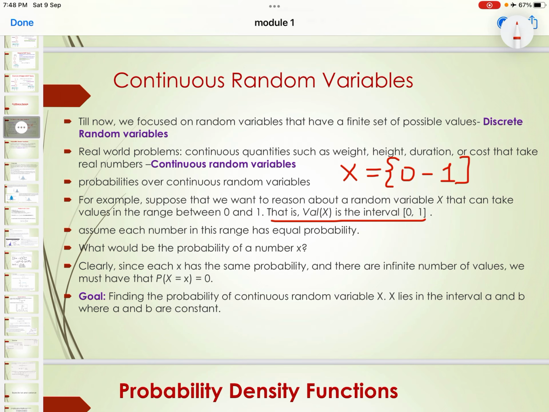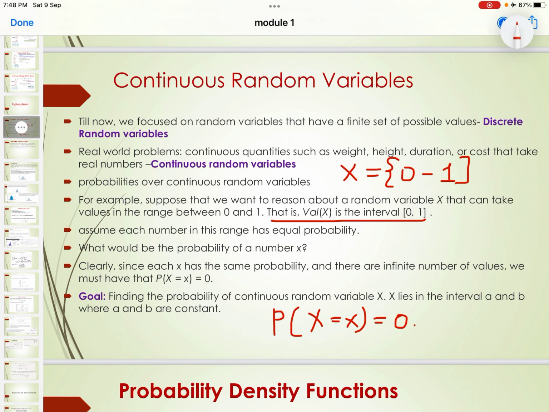Assume each number in this range has equal probability. What would be the probability of a number x? Clearly, since there are an infinite number of values, we must have that p of x equal to small x equal to 0.